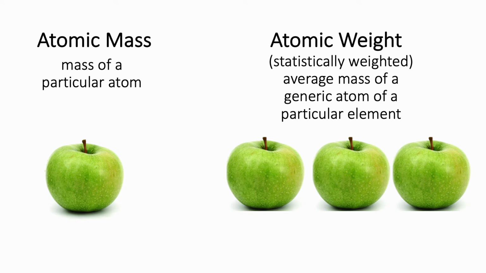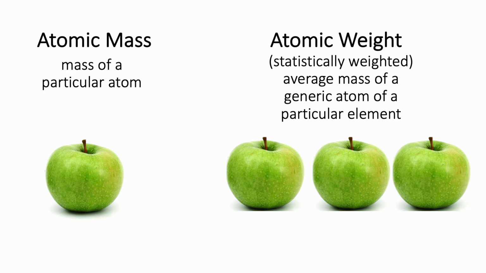So what we need in order to be able to give a number of apples for that is to actually go through, find a large number of apples, weigh all of them, divide by the number of apples, and see what the average mass is. When we talk about a statistically weighted average mass, that's basically where we're talking about sorting them.